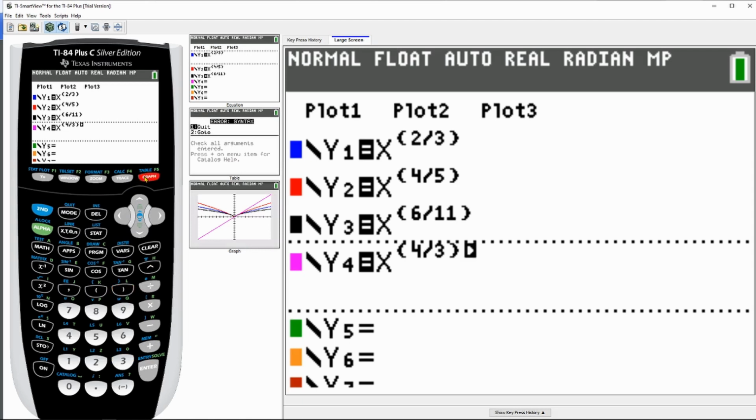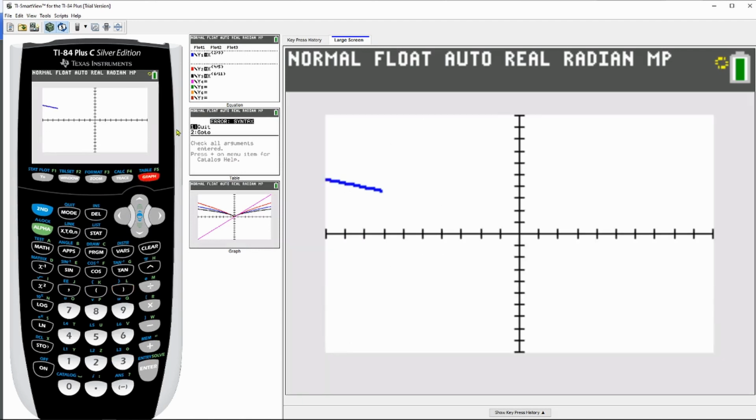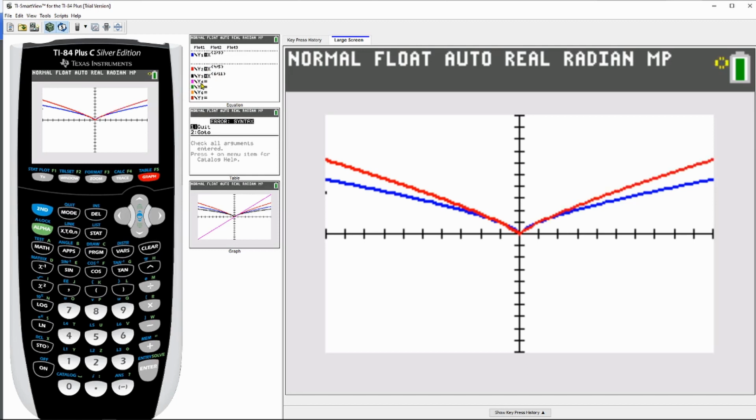Once we hit graph, we'll let our calculator graph this. You can see here the blue line is the first equation, the red will be the second, the black will be the third, and the pink will be the fourth equation, which we said was the answer to that first question.